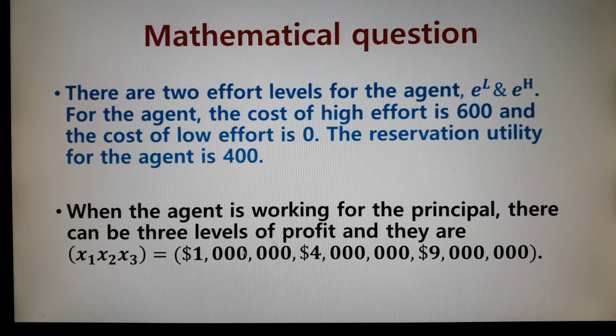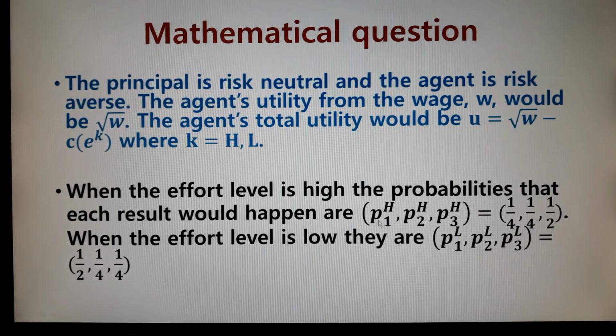X1, X2, X3 are the profits: 1 million, 4 million, 9 million. P1H means when the effort level is high, the probability that X1, 1 million, happens is a quarter. Same for X2, a quarter, but for X3, 9 million, when effort level is high, it is half. So the probability that the 9 million profit happens is biggest, that is half.